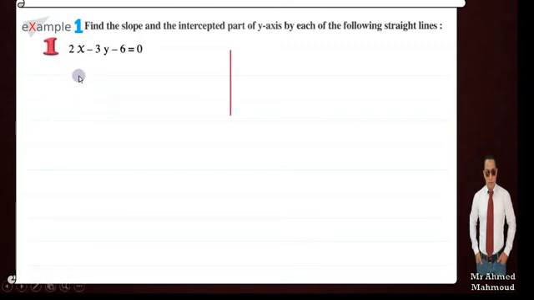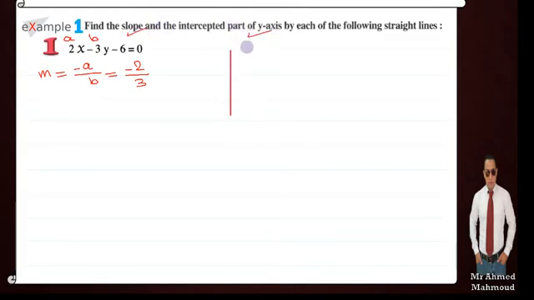Here a equals 2, b equals negative 3, m, or the slope, equals negative a over b, which is equal to negative 2 over negative 3, so 2 over 3. This is the slope.